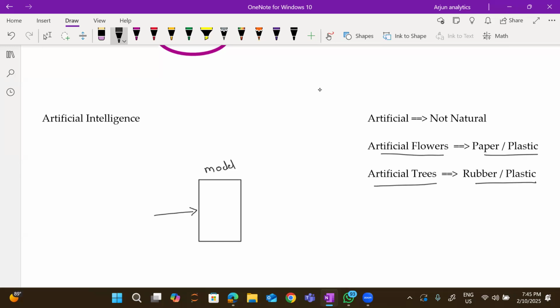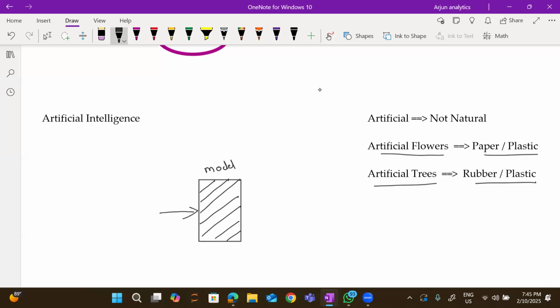Who is naturally intelligent? Humans. How the human thinks, how the human behaves, how the human reacts, all of these things we are going to put into this machine, so that it will become intelligent.